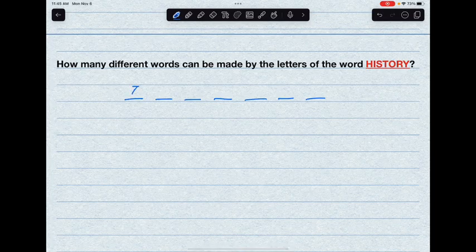It's 7. But what about the second? Because there's only one letter of each, here remains 6, and then 5, 4, 3, 2, 1, and then we multiply these numbers, and it's going to be 7 factorial.